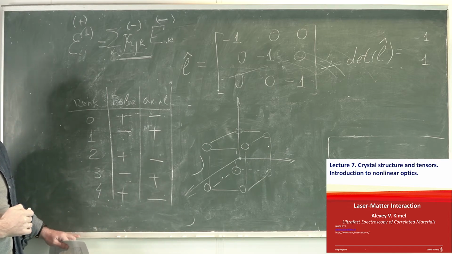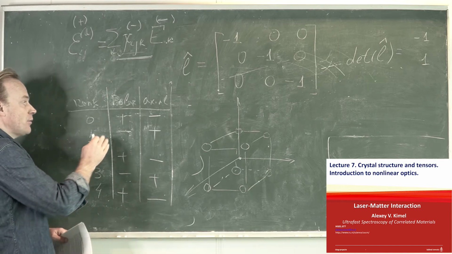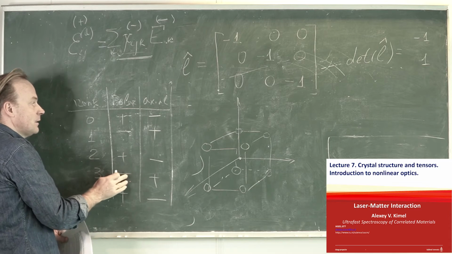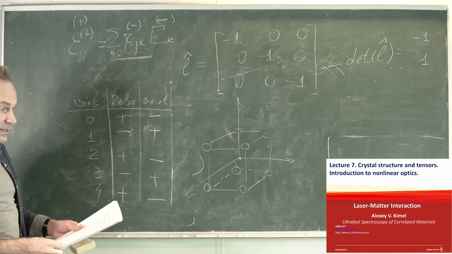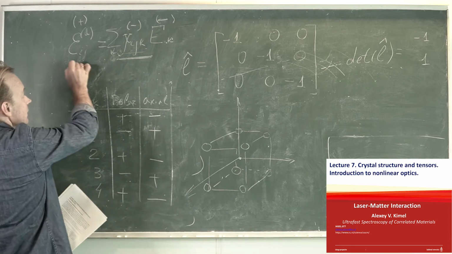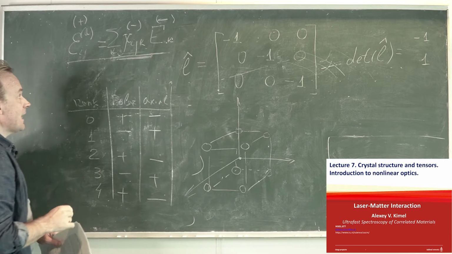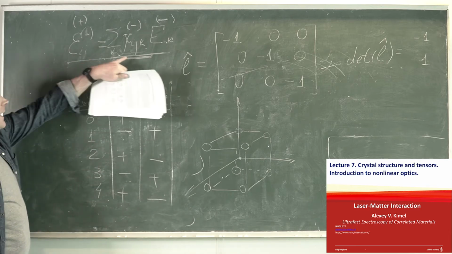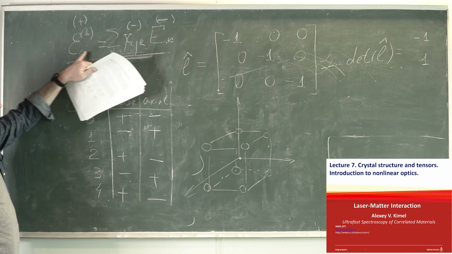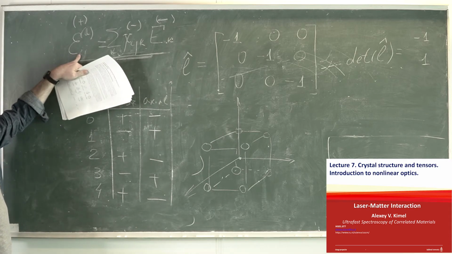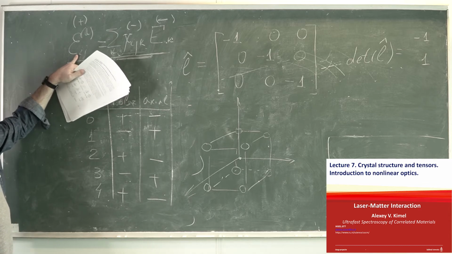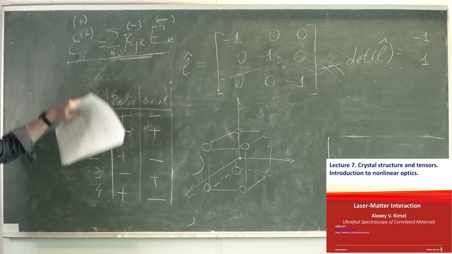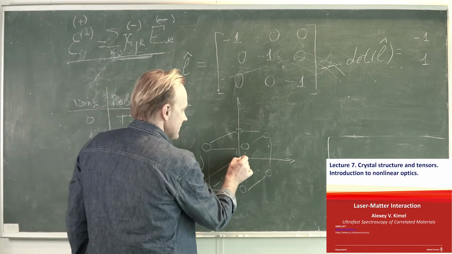They are not allowed by symmetry. If you talk about centrosymmetric media, properties which are described by polar tensors of odd rank and axial tensors of even rank are forbidden. And for this reason, looking at this expression, you can say that an electric field can induce an antisymmetric part of the dielectric permittivity and, as a result of it, also circular birefringence, only in non-centrosymmetric media, in media which do not have a center of symmetry.